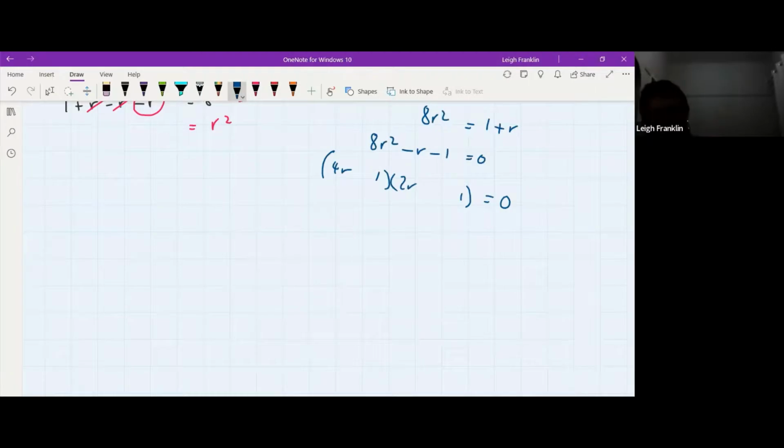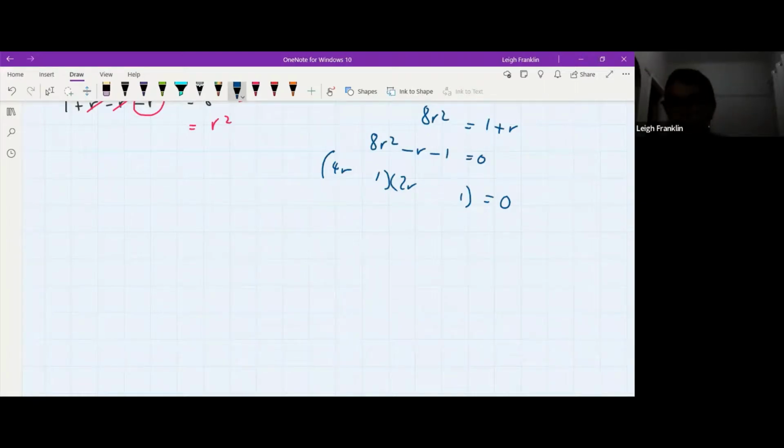Will that factorize? No, that won't give us negative. That's not gonna give us the minus r in the middle. Let me just quickly check on my calculator. Let's see, wrong one. Okay, so we've got 8 minus 1.